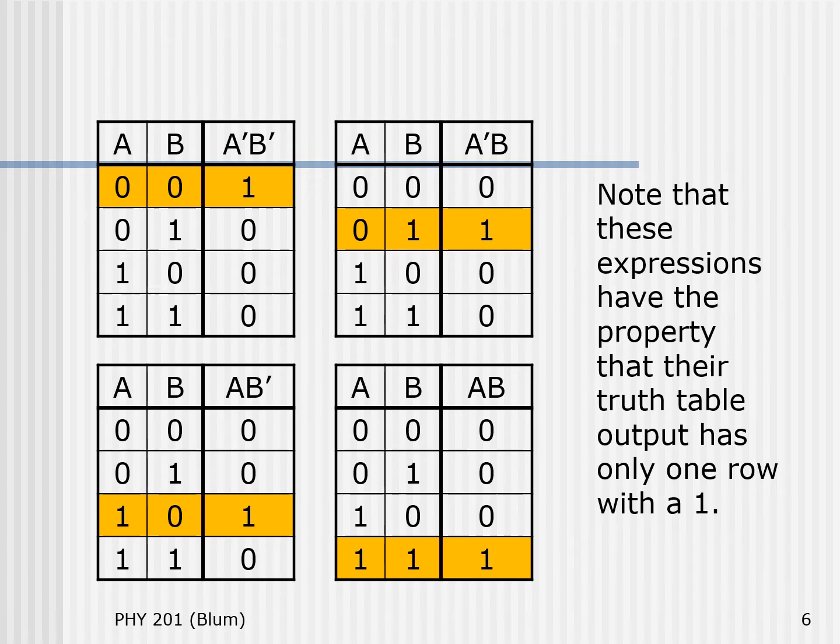On the upper right, we are writing the expression for a prime b, a inverted and then ANDed with b, and that is a 1 for the second row and 0 otherwise. The third, the lower left, is a b prime, and that is a 1 in the third row and 0 in all others. And the last one is a b, which is a 1 in the fourth row and 0 in the others.